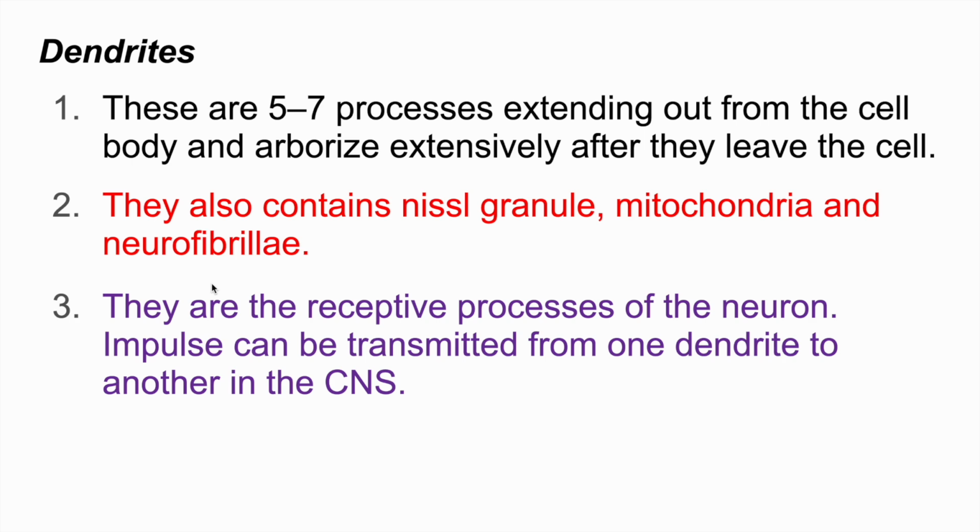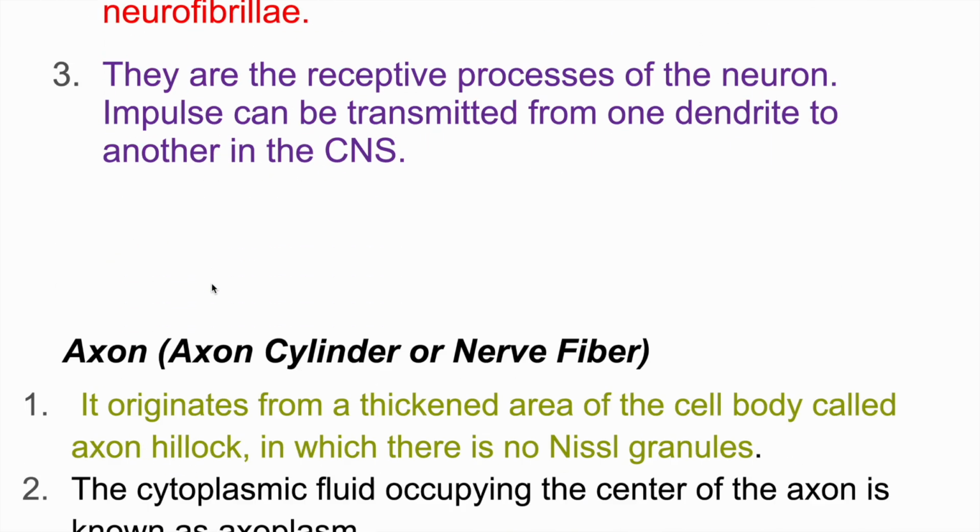They too contain Nissl granules, mitochondria, even neurofibrillae. Already I mentioned they are the receptive processes of the neuron. Impulse can be transmitted from one dendrite to another. This is how the information is conveyed to the CNS.